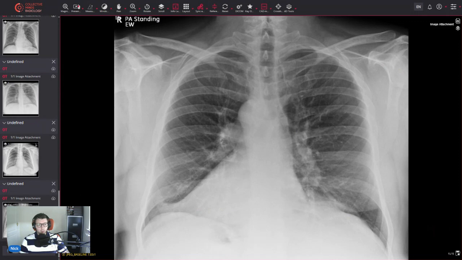Okay, so some patients may have something called dextrocardia. This is where the heart is in the opposite orientation, so it sits on the right side of the chest. The aorta is on the opposite side. It may be part of something called situs inversus, where all the internal organs are basically the wrong way around.